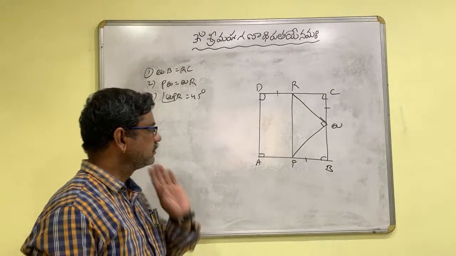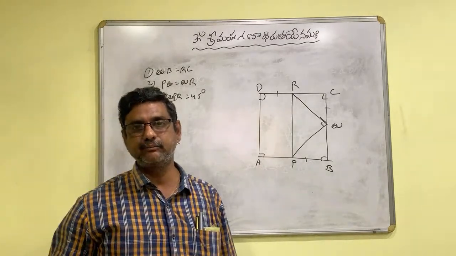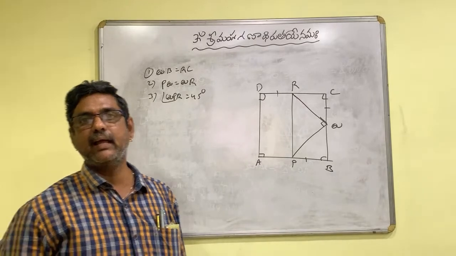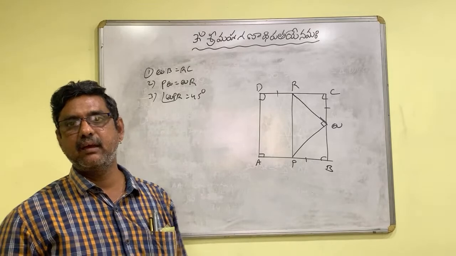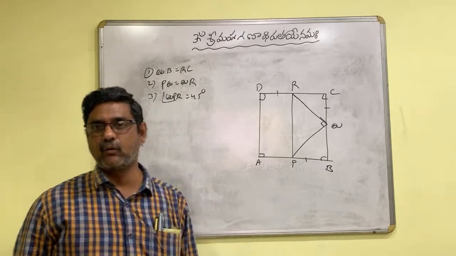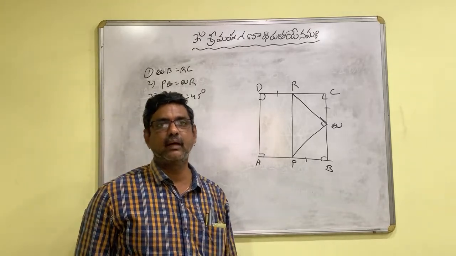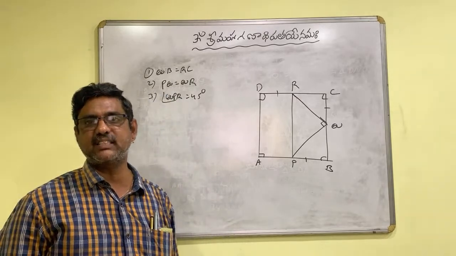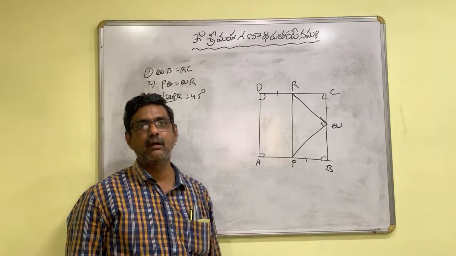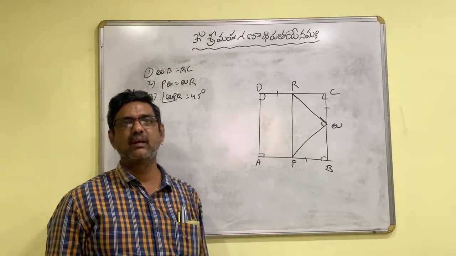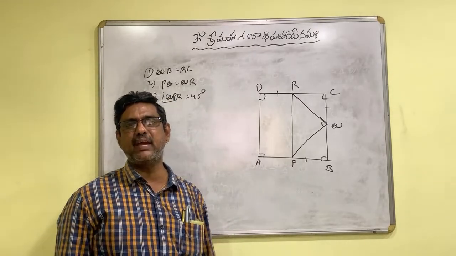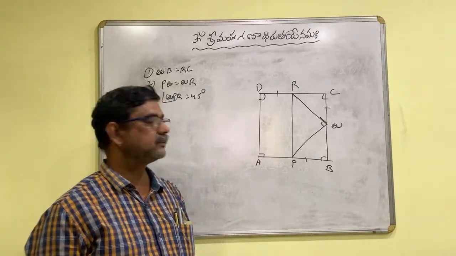Children, see. ABCD is a square. Angle PQR is 90 degrees. PB, QC, DR are equal. And we need to prove QB is equal to RC, PQ is equal to QR, and angle QPR is 45 degrees.